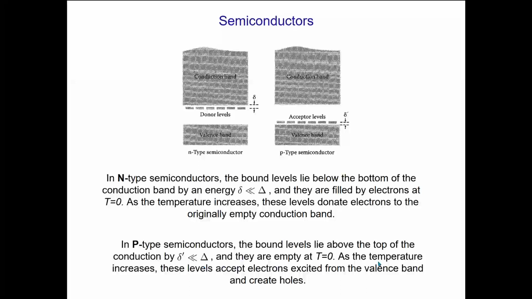As the temperature increases, this level accepts electrons excited from the valence band. So, because they are like broken bonds or holes, they accept electrons from the valence band, leaving holes behind in the valence band. Okay, and they create holes like positive charges, which can move in the valence band.